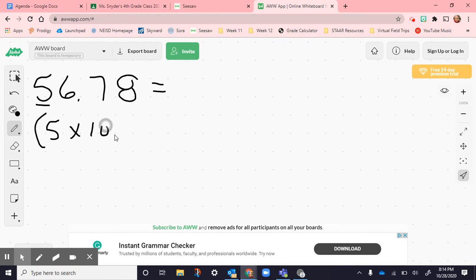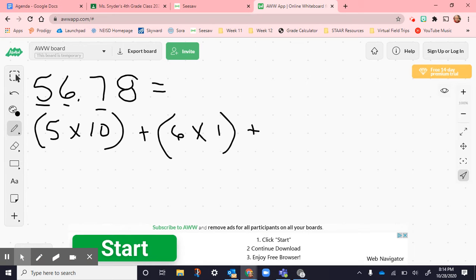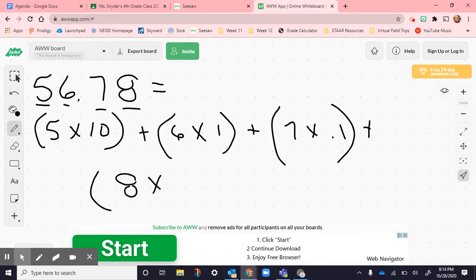The 5 is in the tens place. 5 times 10 gives me that value of 50, plus the next digit, 6, times 1, the 6 is in the ones place, plus the next digit is 7. The 7 is in the tenths, plus 8. The 8 is in the hundredths place.